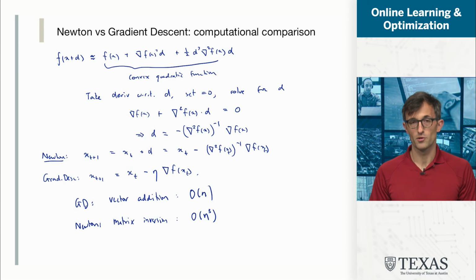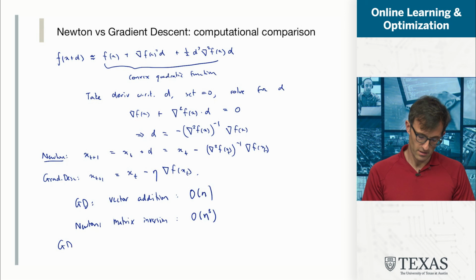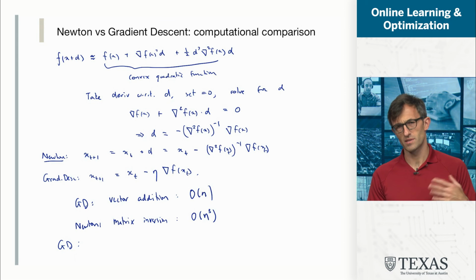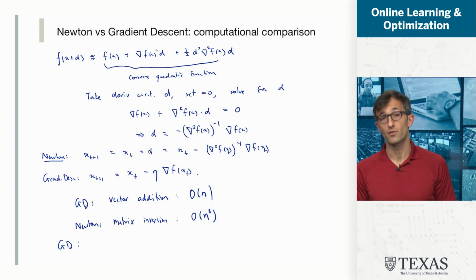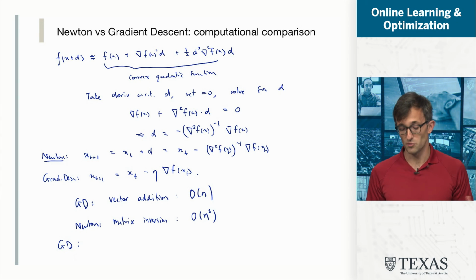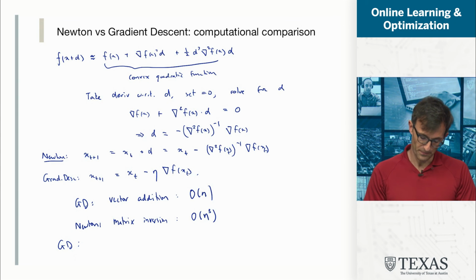So let's put these numbers all together, and we see that in order to get accuracy epsilon, gradient descent requires, again, I'm simplifying quite a bit because I'm not counting the computational effort it takes to compute a gradient or even a Hessian. But even leaving that aside, we still get a good picture of the story.